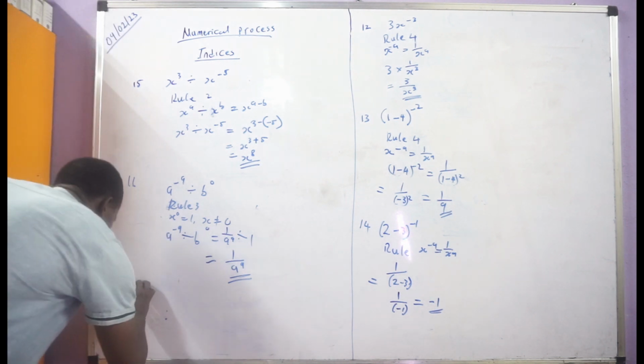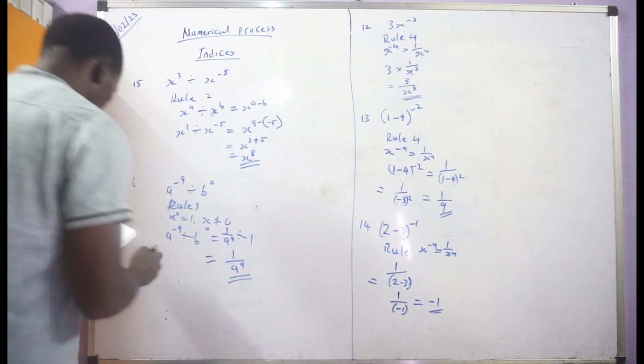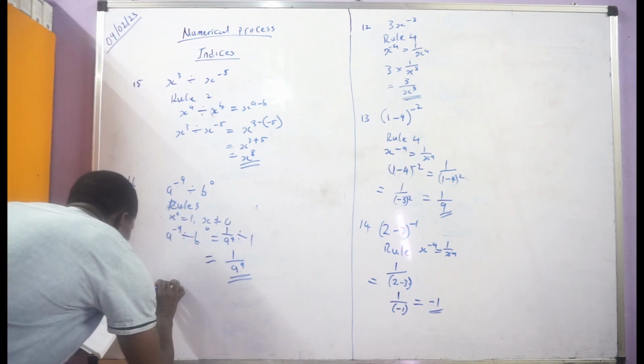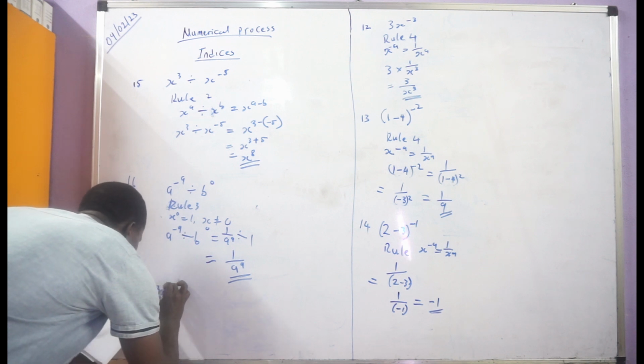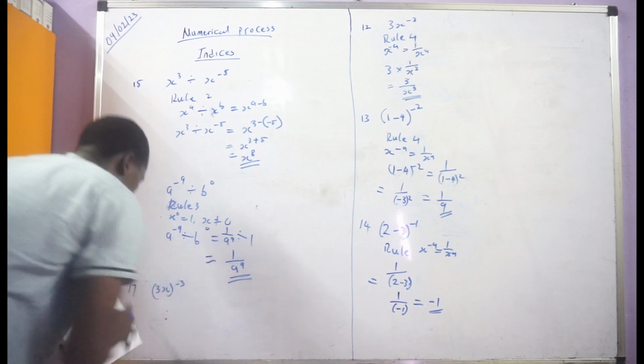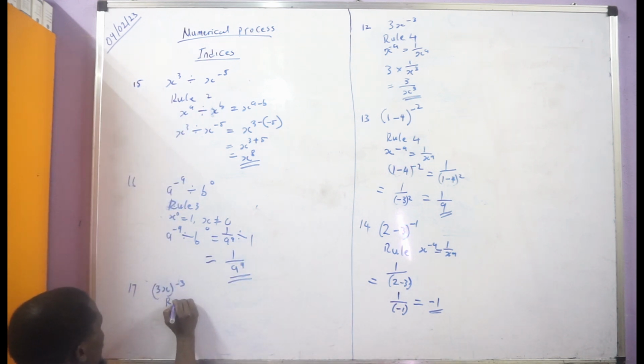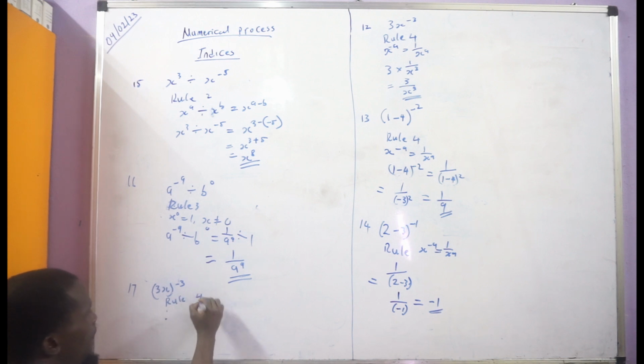So let me do number 17 here. Number 17 is 3x all raised to power minus 3. So what we do first is to apply our rule 4.